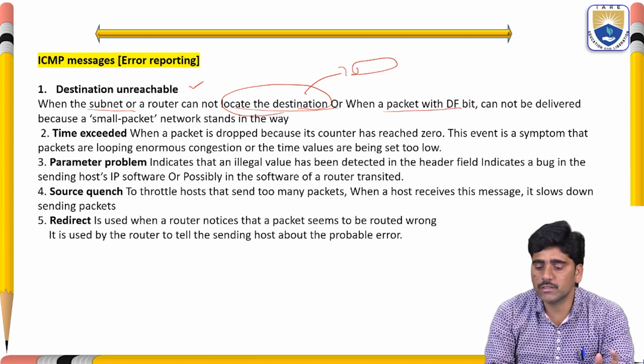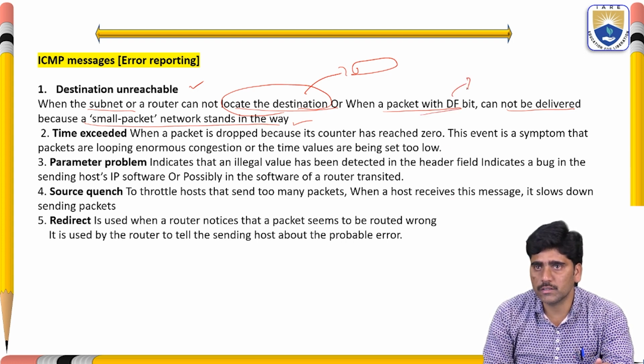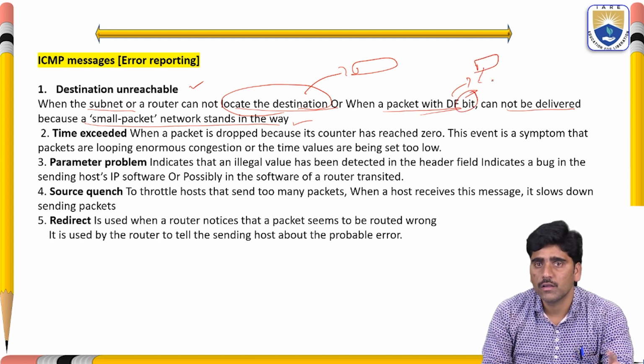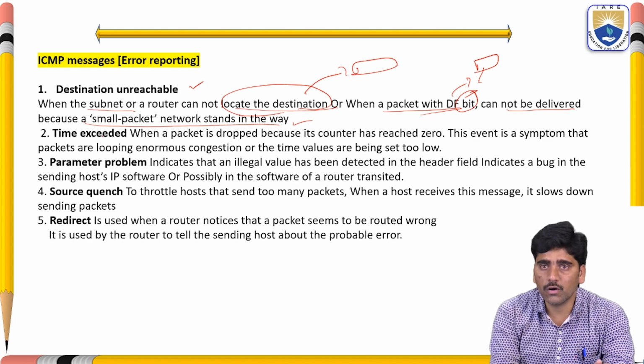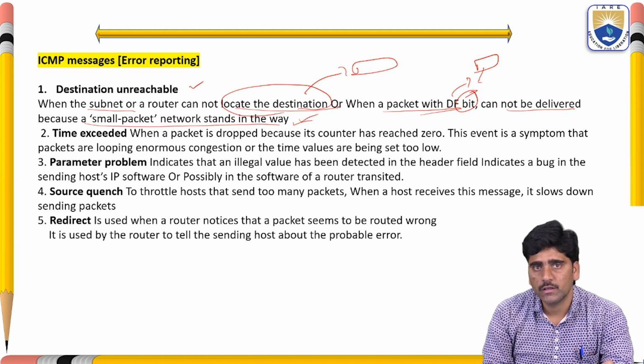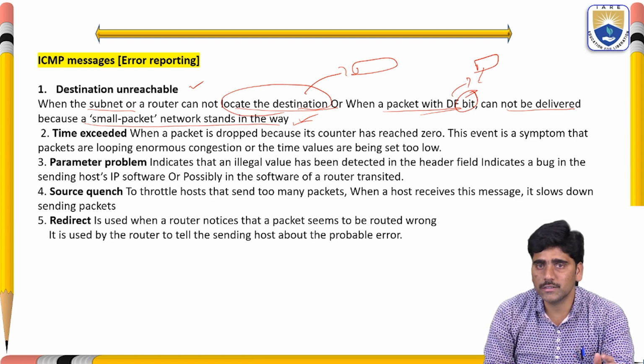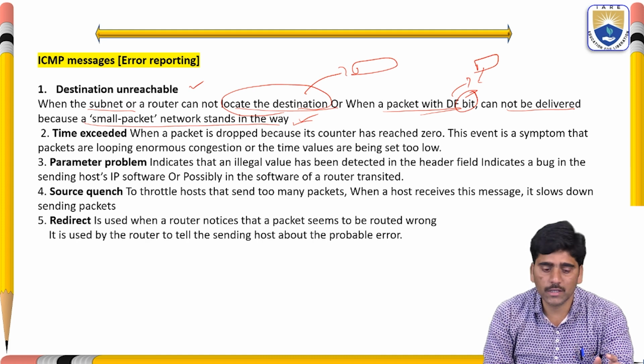Or when a packet with the DF bit cannot be delivered because a small packet network stands in the way. Each and every piece of data is fragmented, and it cannot be delivered because a small packet network stands in the way. If the destination is not found, the network says the destination is unreachable.